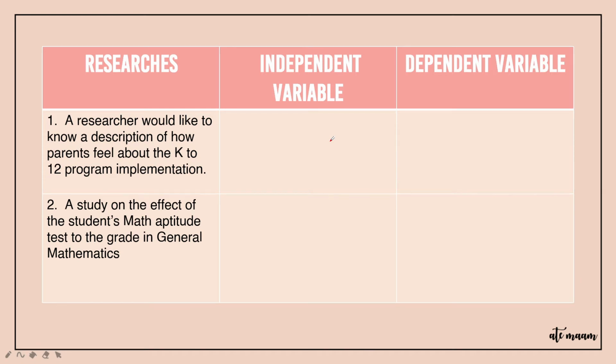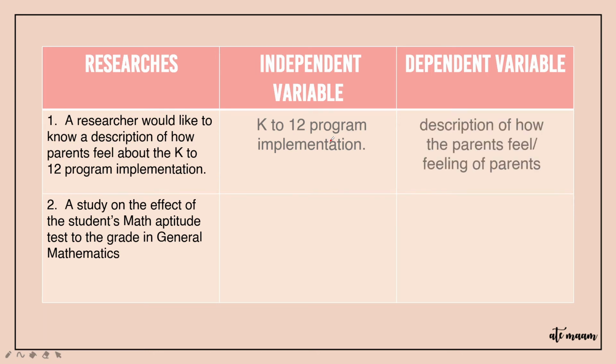So for number 1, can you identify what is the independent variable? Correct. Our independent variable is the K-12 program implementation. So what is our dependent variable? That's right. Our dependent variable is the description of how the parents feel or the feeling of the parents. So why is this so? Independent variable, as what we say, is the manipulation or the condition given to our dependent variable.